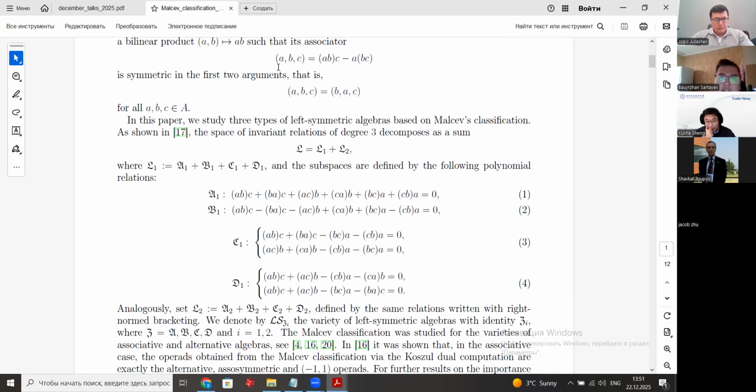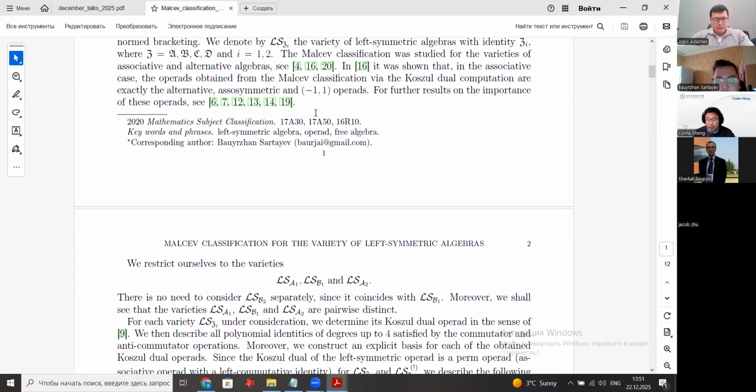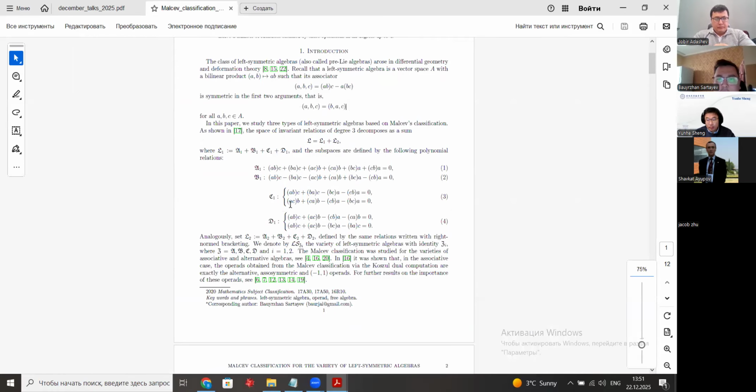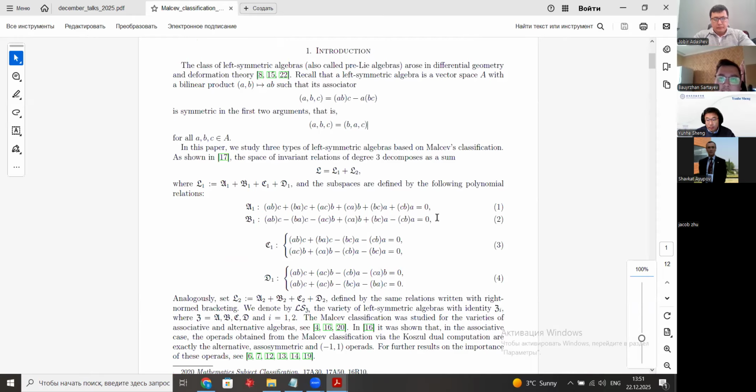In this work, we consider Pre-Lie algebras with identity A1, with identity B1, and with identities A2 and B2. And considering such objects, we again obtain something interesting.